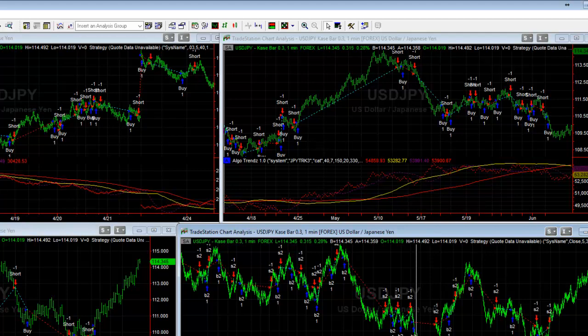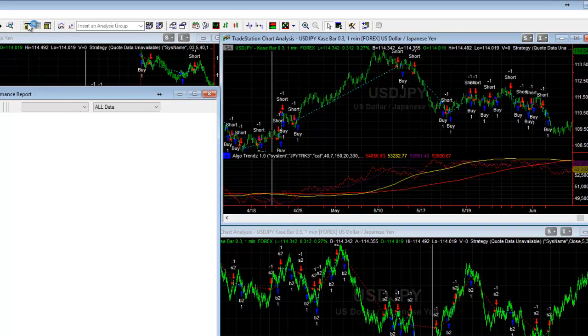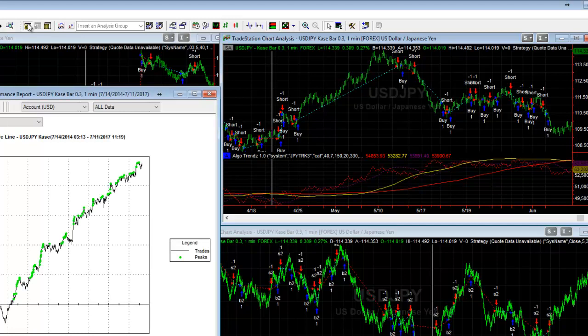The first thing we'll look at is the basic math and the numbers, and they're pretty obvious. I'm going to highlight the trend-based system and show you its 3-year equity curve. What we're looking at is a trend-based system with approximately 4,500 pips of performance.